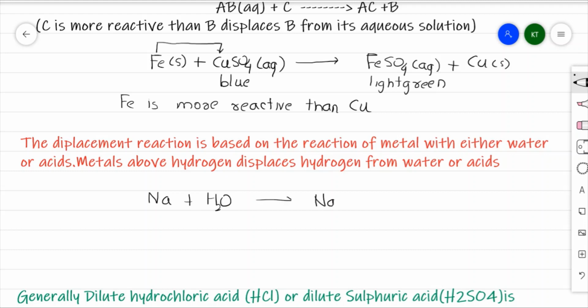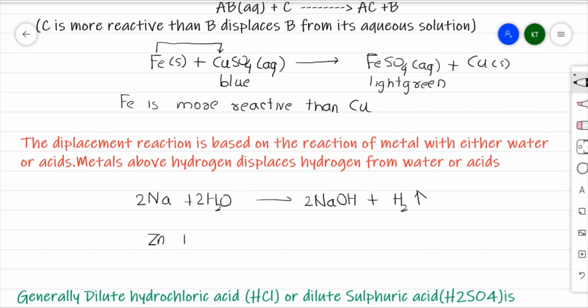Sodium metal displaces hydrogen from water, gets converted into sodium hydroxide and evolves hydrogen gas. I have to balance this, so I'll multiply by 2. So this is a simple displacement reaction where a metal is displacing hydrogen from water. Let me have one more example here.